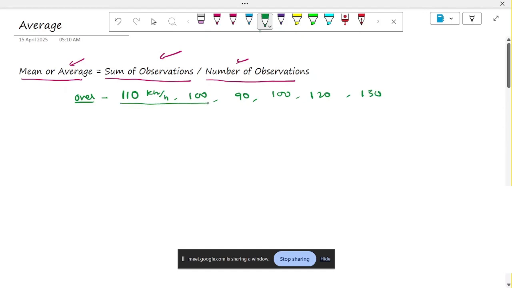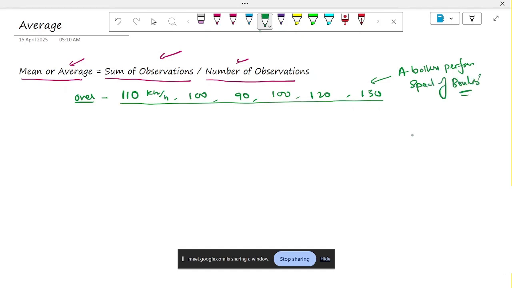If you look at these numbers, they are representing a bowler's performance or speed of bowling. Now, if someone asks you what is the bowling speed of this particular person, how do you answer?